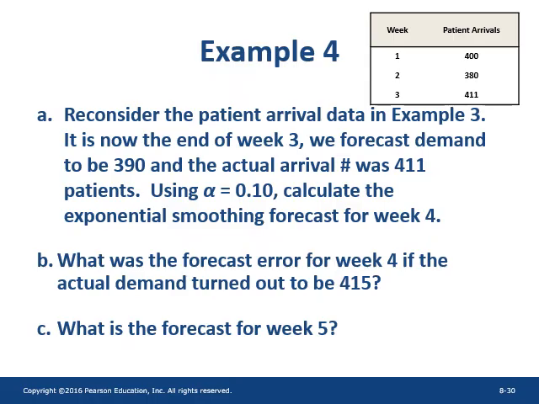We're going to consider 10% of the actual error we observe to be meaningful and adjust our forecast in that way. So we'll look for a forecast for week 4, then use that data to find a forecast for week 5. And we're saying demand in week 4 turned out to actually be 415.